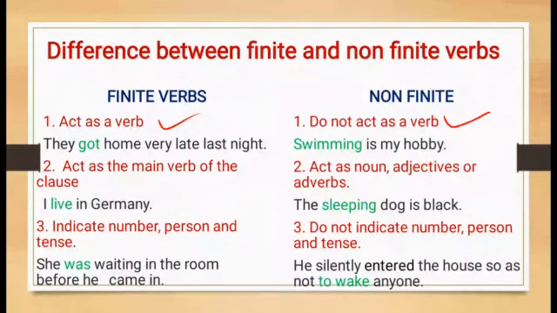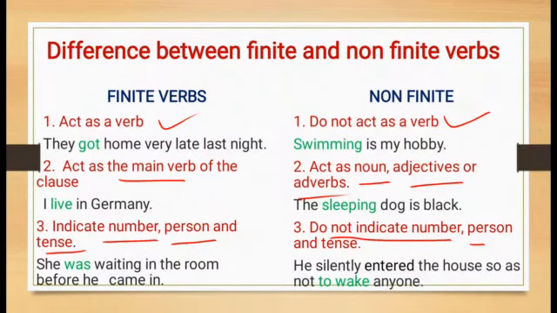Finite verbs act as the main verb of the clause, whereas non-finite verbs act as nouns, adjectives or adverbs. Finite verbs indicate number, person and tense, whereas non-finite verbs do not indicate number, person and tense.